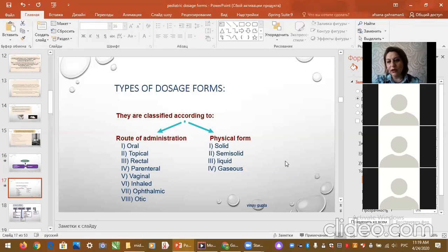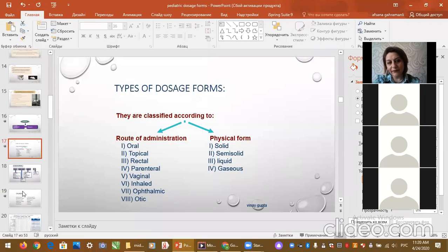Solid forms. Ali, what includes solid forms? Yes, teacher. Which forms include solid forms? Who can say? Which solid forms do you know, my dears?